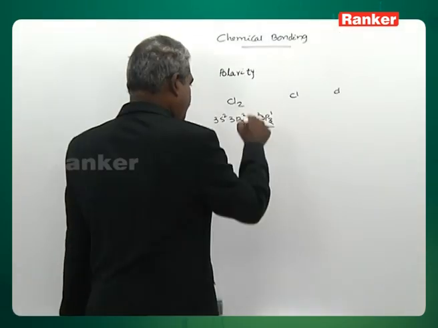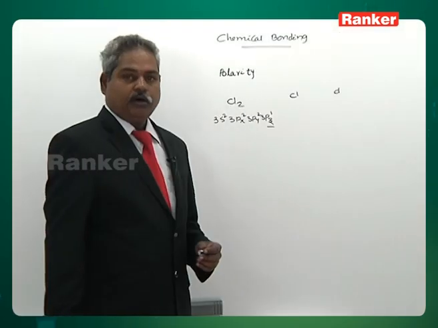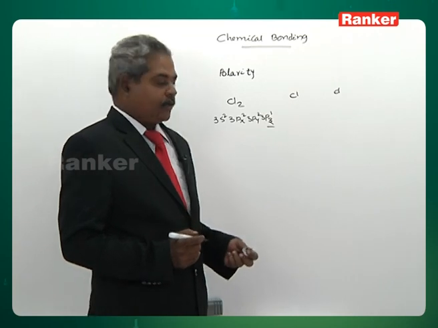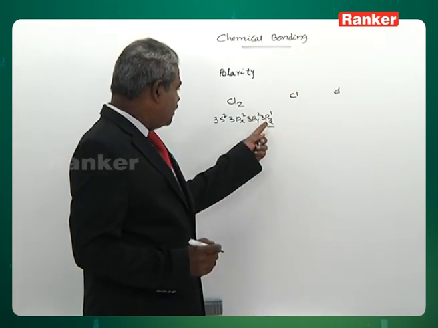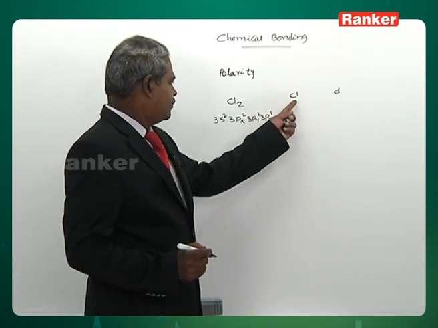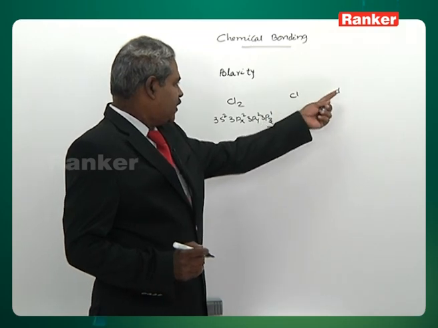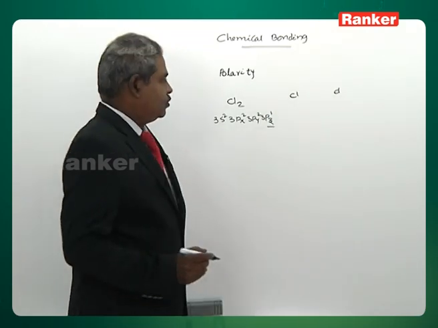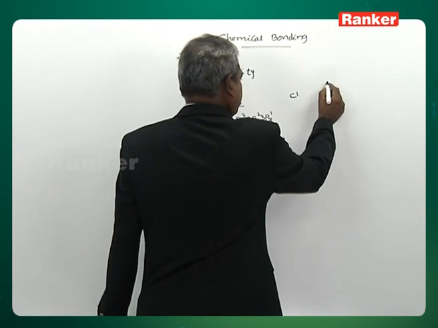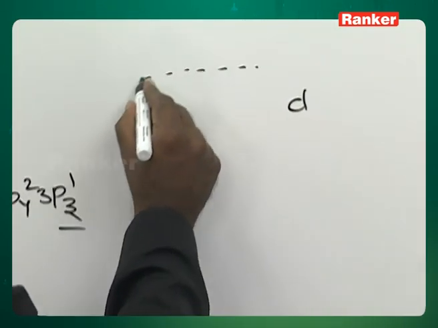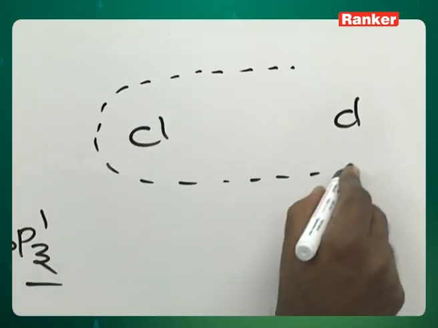Only this particular unpaired electron participates in bonding. That is the 17th electron of this chlorine atom and the 17th electron of that chlorine atom. So, the electrons will be revolving around both the nuclei.